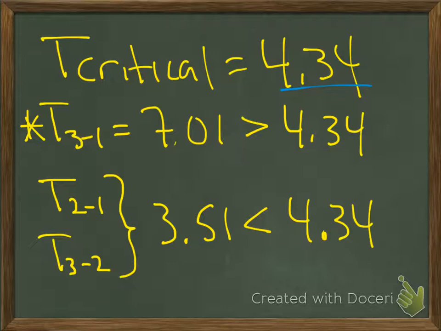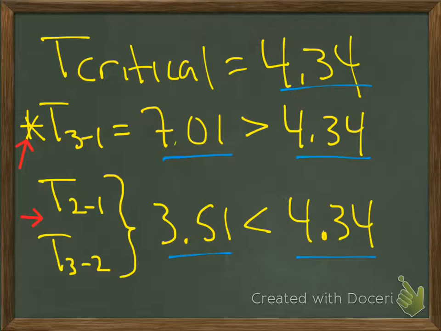So for our first comparison, comparing group 3 to group 1, we got an observed value of 7.01, critical value of 4.34. That is a significant difference, statistically significant. And for these two comparisons here, group 2 to group 1 and group 3 to group 2, we can see that our observed t-value is less than our critical t-value, so that is not statistically significant.